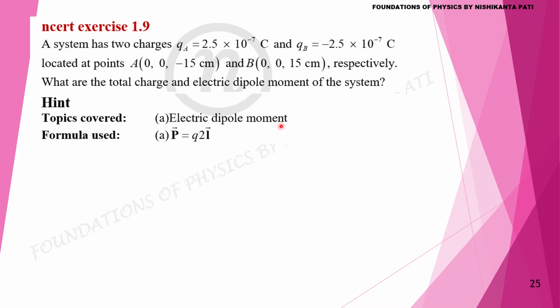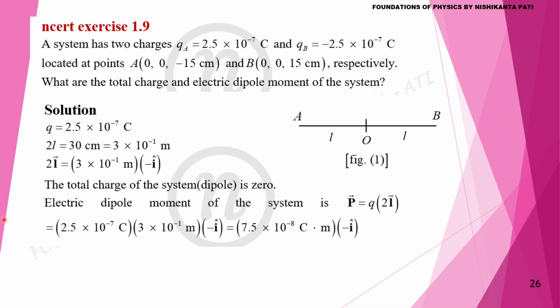So the electric dipole moment formula you know, P vector equal to magnitude of either charge into position vector of positive charge from negative charge. So Q is here the magnitude of either charge. 12 vector is at A positive charge, at B negative charge.